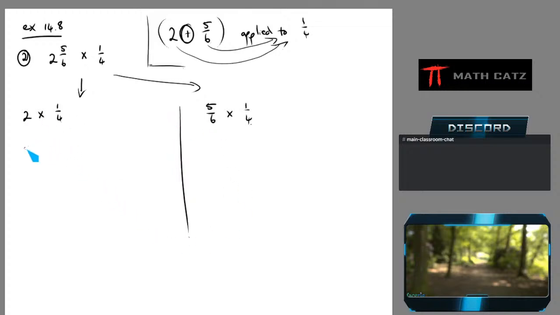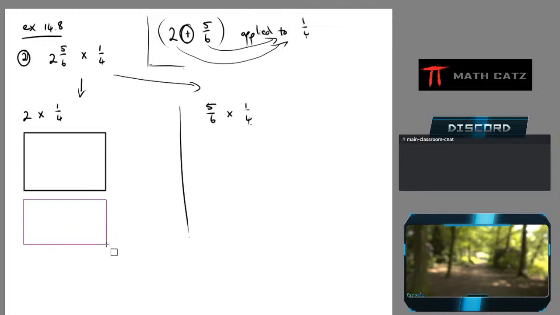So 2 times 1/4 means I want to see my fraction, and I'm going to double it up. So I'll just draw them twice like this, one below the other. So there's not much to do here. I just want to represent the 1/4 fraction this many times, and that's what I get to keep.